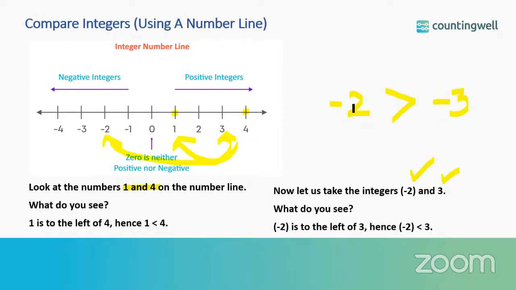Because in negative integers, we take into account the value of the number. So as we know, 3 is greater than 2, but as we are dealing with negative integers, 3 will get smaller than 2 along with minus sign. So minus 3 will be less than minus 2.